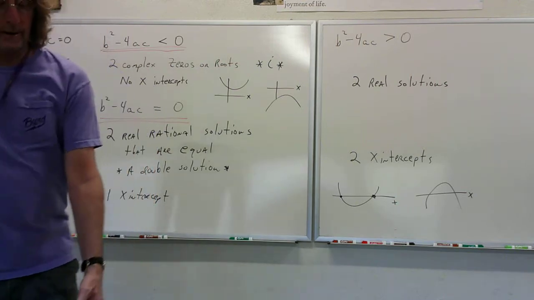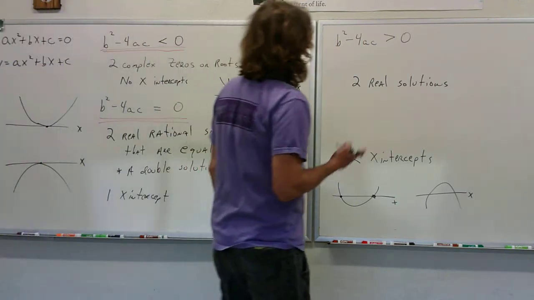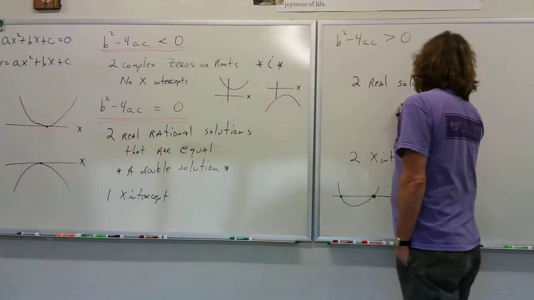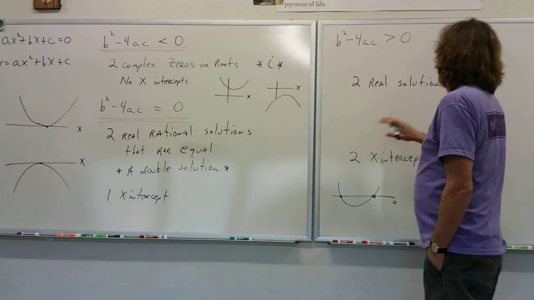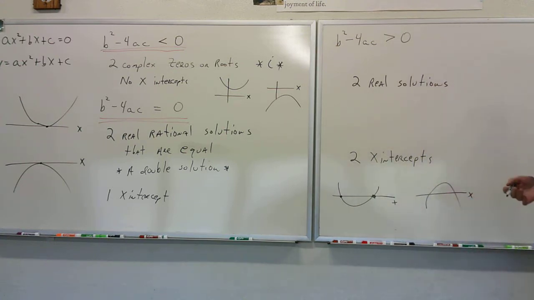Now, this is where I'm going to give you a little bit more detail than you really need for the test, for the CLEP test, but you know, that ain't everything.